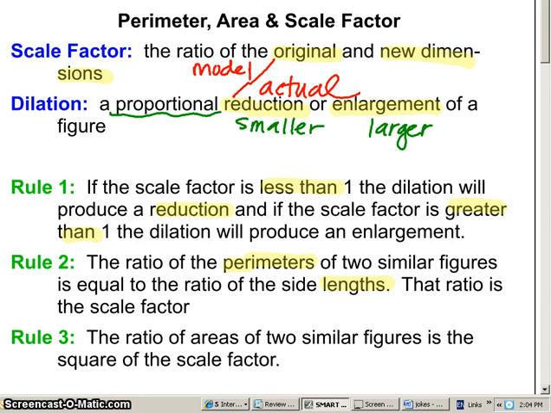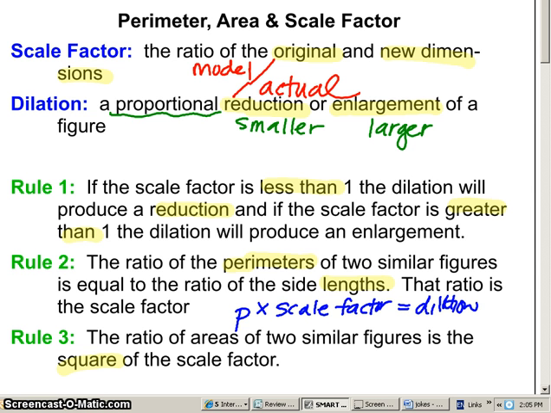And rule number 3. The ratio of areas of 2 similar figures is the square of the scale factor. Here's what I would like you to write next to rule number 2 and rule number 3. If you start with the perimeter of your original and you multiply it by the scale factor, it will give you your dilation.